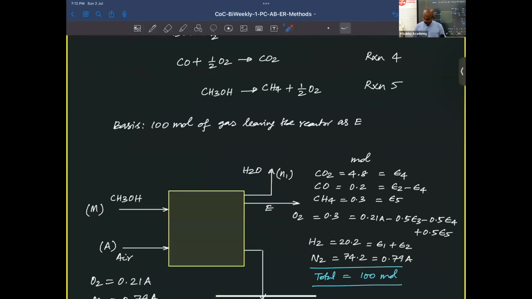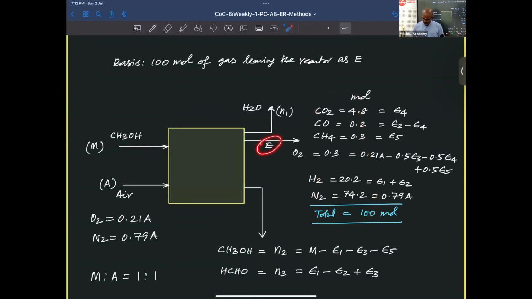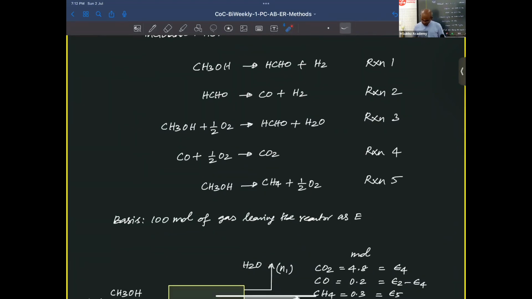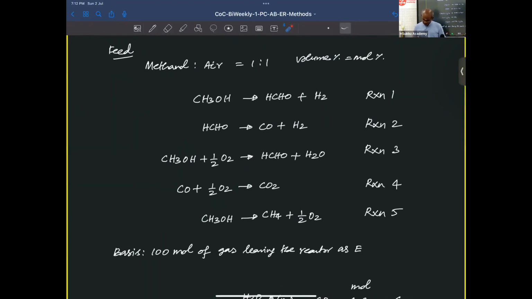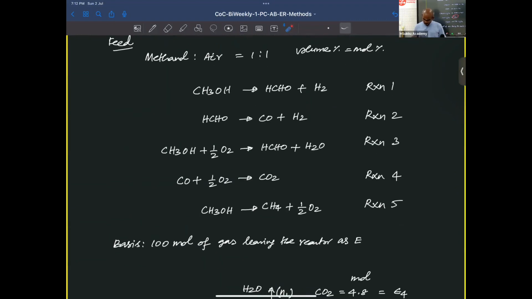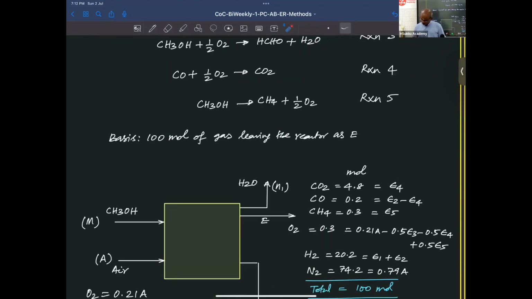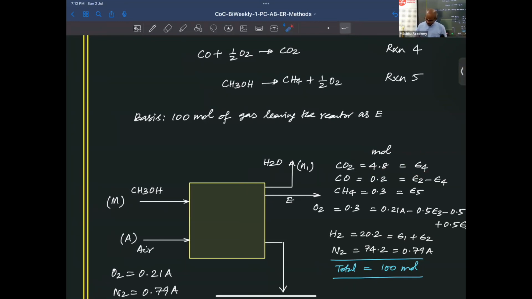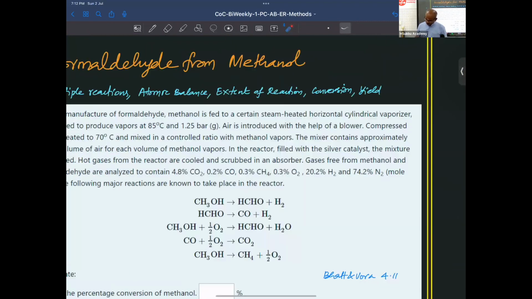Of course, we know the product. The components of E are available. Again, what are the components? CO2 appears in reaction 4 alone. So there is CO2, which is actually given as 4.8 mole, written simply using the formula.